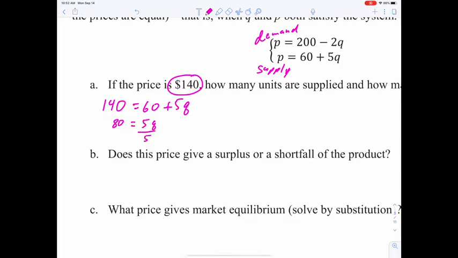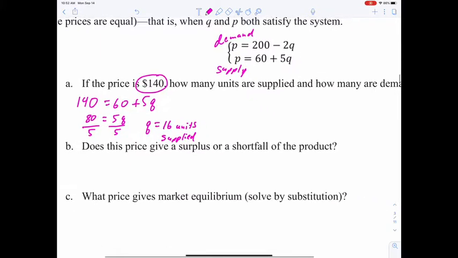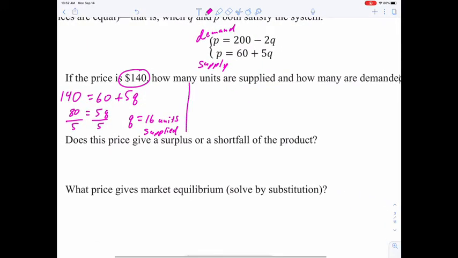Then divide both sides by 5. So we get Q equals 16 units supplied. All right, that's what they were asking us first. So 16 units supplied when the price is 140.